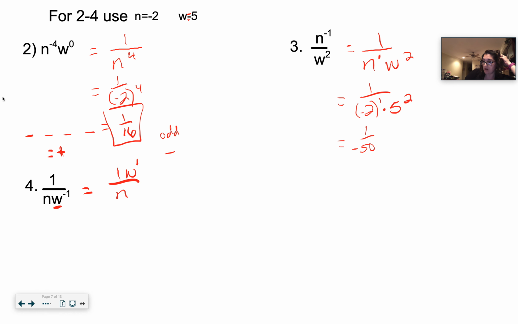Not really, so I'm not going to write it. So I have 5. W is 5. W to the 1st power. 5 to the 1st power is still 5, so I'm not going to put the 1. Over N, and N is negative 2. So negative 2 does not go into 5 evenly, so my answer is just 5 over negative 2.